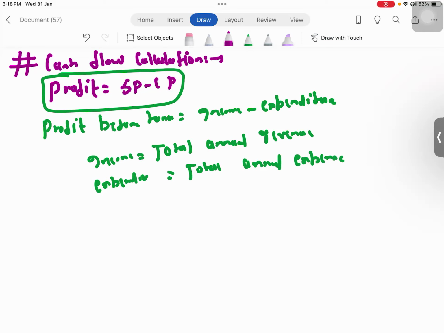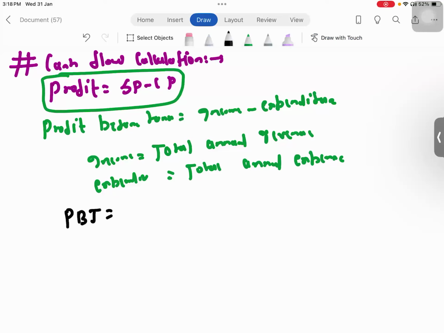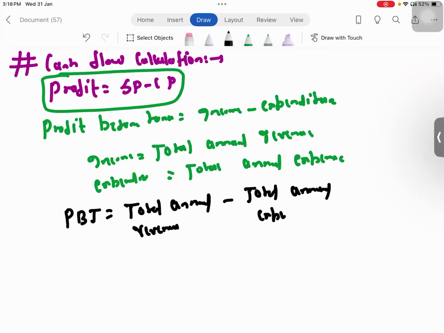So this is how these technical terms are used in plant design economics. So profit before tax is total annual revenue minus total annual expenditure, right? So this is the profit before tax that you have calculated now.